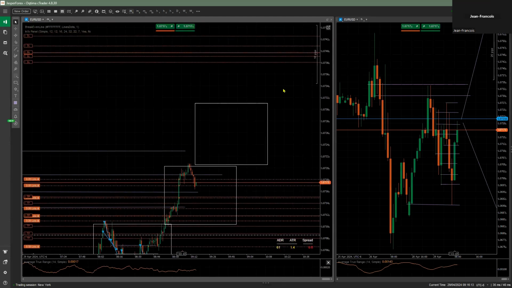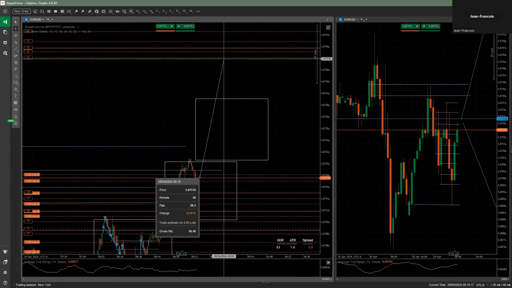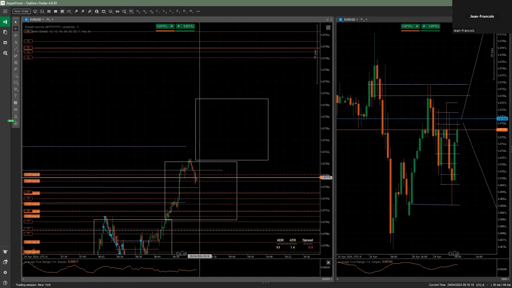Where's the stop loss from here? My first loser is 2 boxes away.